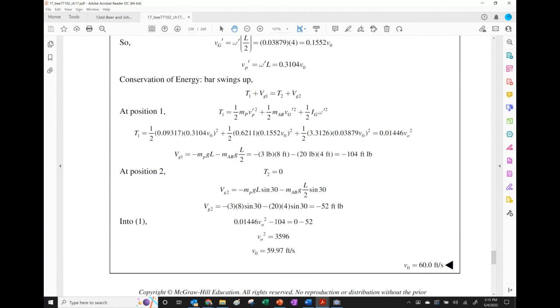One half of 104 is 52. Okay. But here's a number that does not agree. I must have messed something up right there at the very beginning with my mass moment of inertia.